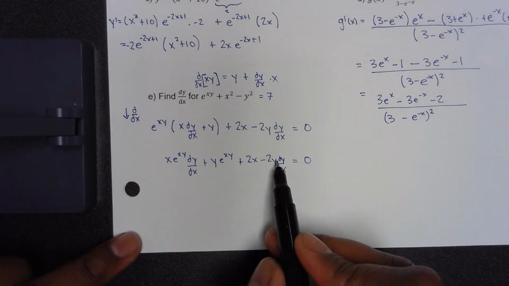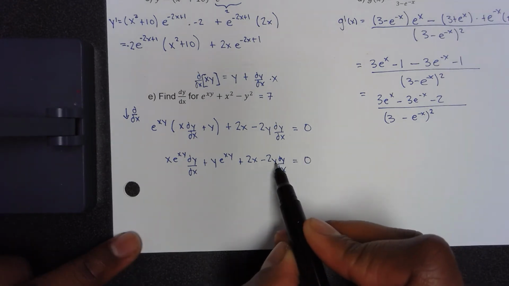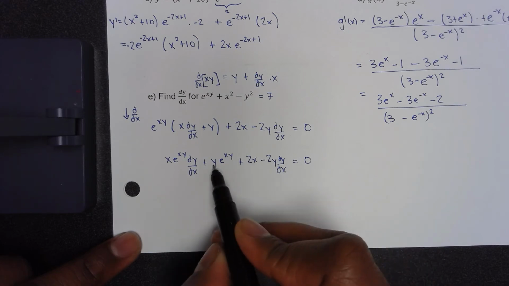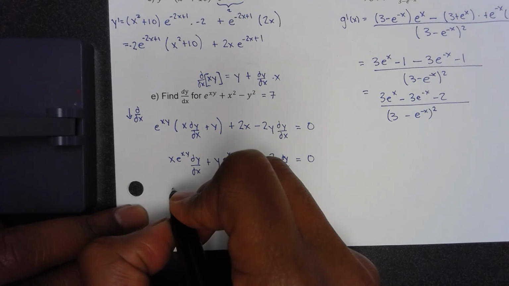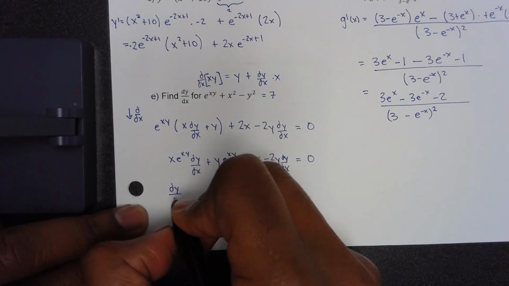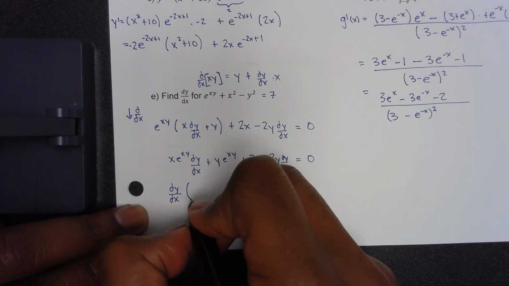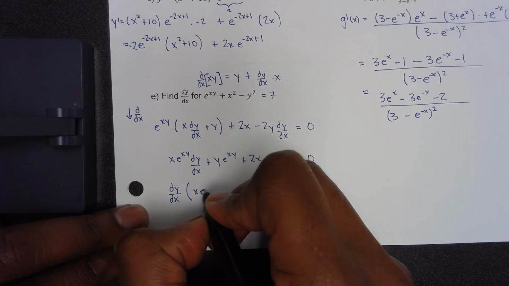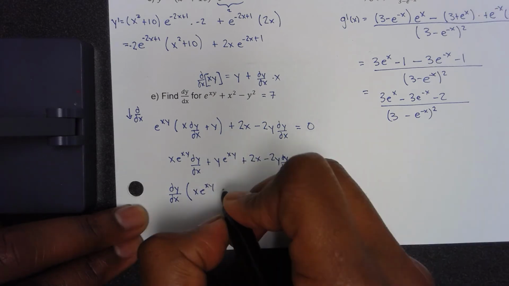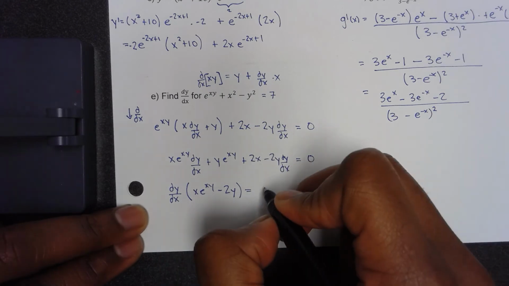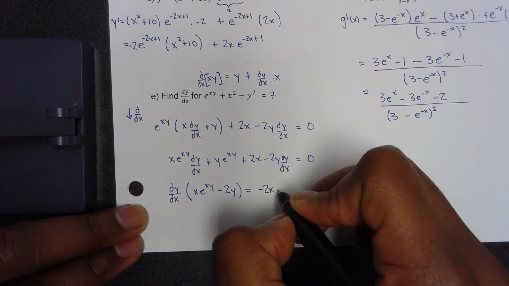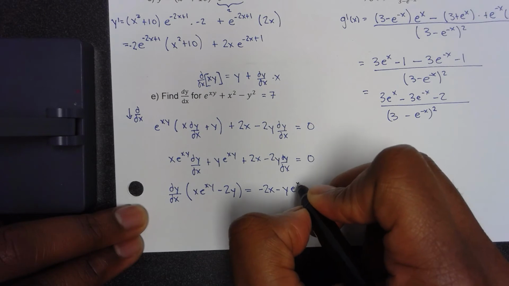We'll move the y e to the xy and 2x to the other side, and factor out dy over dx to achieve dy over dx times x e to the xy minus 2y equals negative 2x minus y e to the xy.